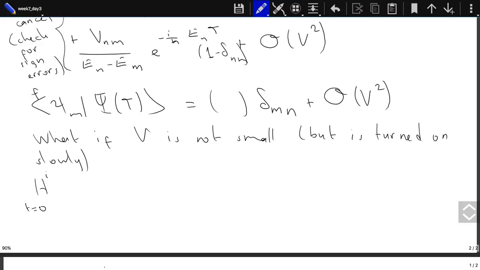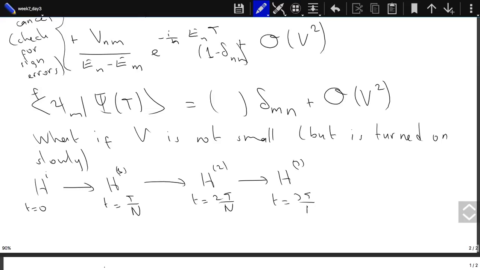We turn on the interaction slowly, and this becomes H1 at t equal to T over n, which becomes H2 at time t equal to 2T over n, which becomes H3 at t equal to 3T over n, and which becomes Hf at t equal to large T. So instead of going from Hi to Hf in a single step, we can take several steps from Hi to Hf.